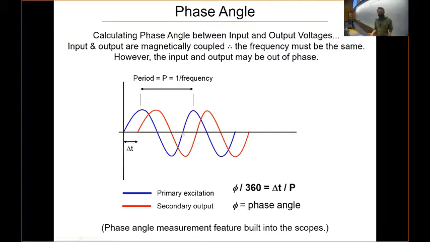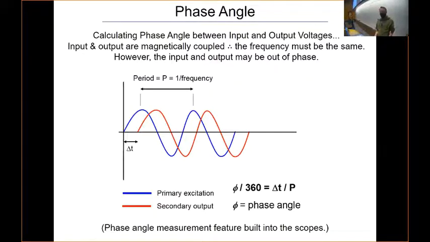So how do we determine that phase angle? The equation, some of this, I suppose, is a little bit backwards. This phase angle here is what we're after. So phase angle divided by 360 is equal to the change in time divided by the period. Change in time is, if we take the same point in the waveform, how long does it take until we get to that same point in the other waveform?